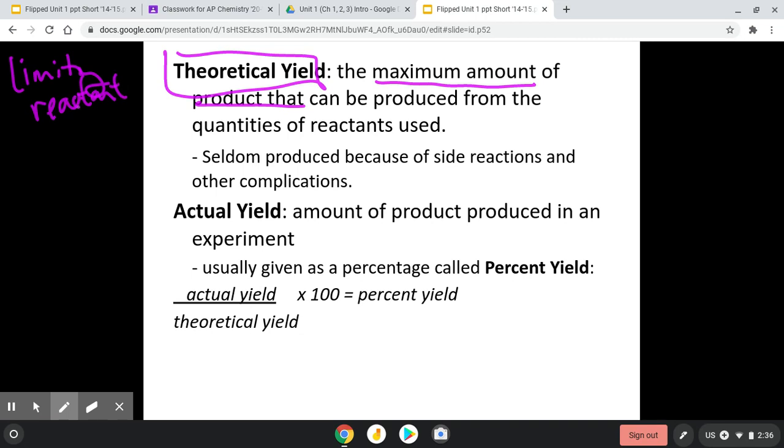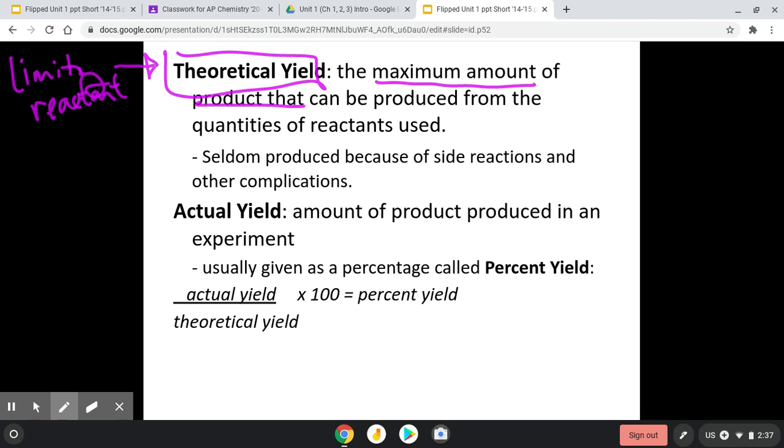And if you haven't noticed, reactant and reagent are used interchangeably. Two words to mean the same thing. Okay, so you start from your limiting reactant, you calculate to a theoretical yield, and what that number means is the max amount of product that you possibly can produce. If all of your limiting reactant gets used up, you can produce this amount.